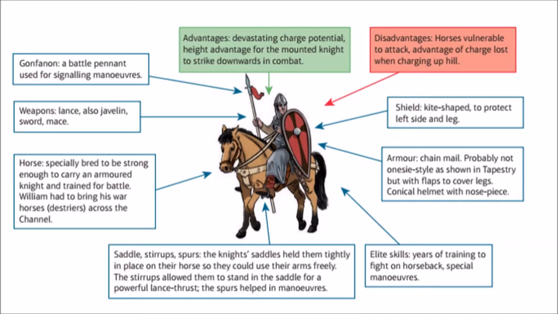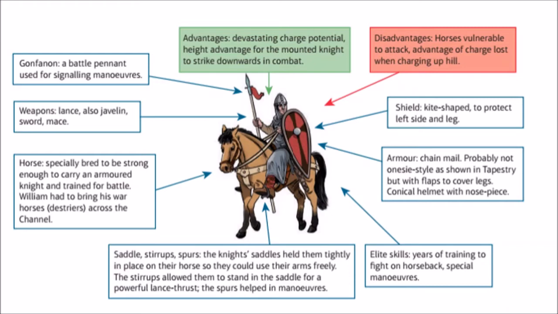These guys were devastating. If they charged the front line, advantages, devastating charge potential. They've also got the height advantage. So when it came down to hand-to-hand combat, the knights had the advantage because they were higher, slicing down. However, horses are very vulnerable to attack, especially from a Danax.